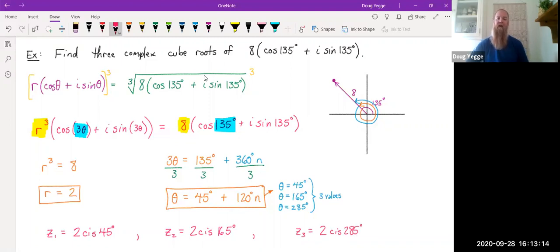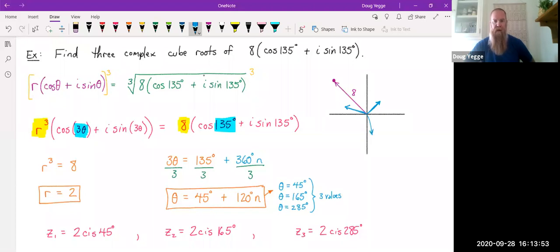And so these are our 3 cubed roots, which simply means that if I were to look at these particular angles on our diagram here, we already found out that that was our value, our original complex number. Any radius of 2 is going to be 1/4 the size. So it looks like we're going to be drawing one of the cube roots at 45 degrees, one of the cube roots at 165 degrees, and one of the cube roots at 285 degrees.